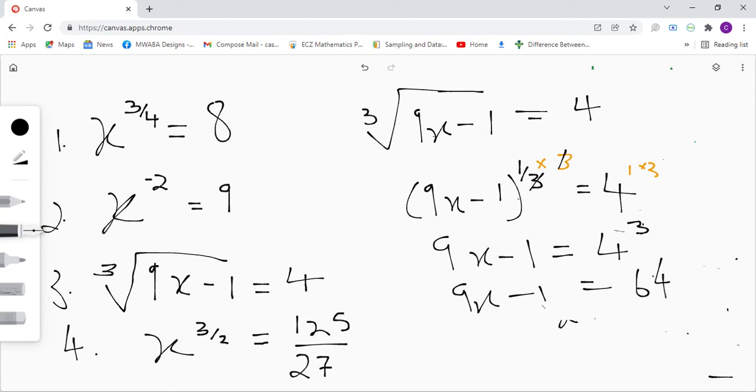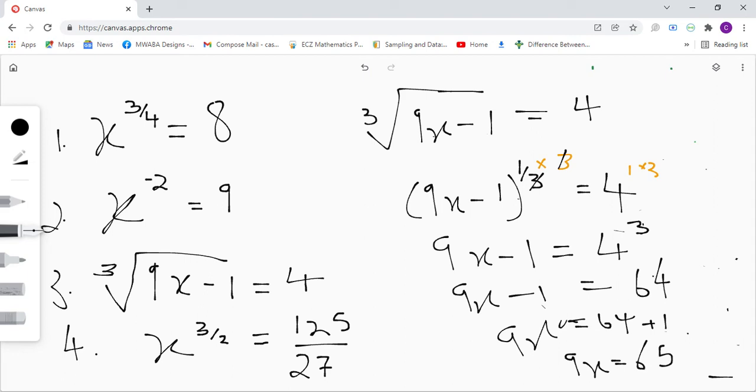Alright, put like terms together, so we have 9x equals 64 plus 1. So I have 9x equals 65.